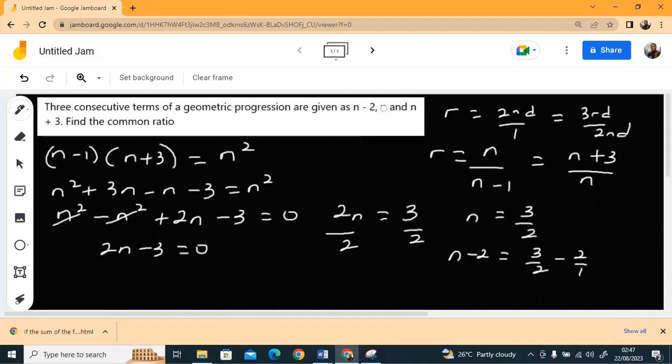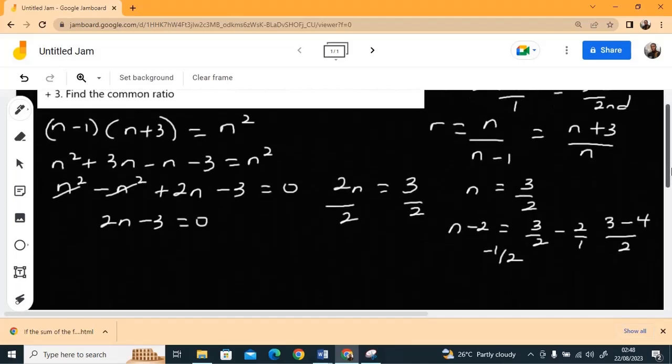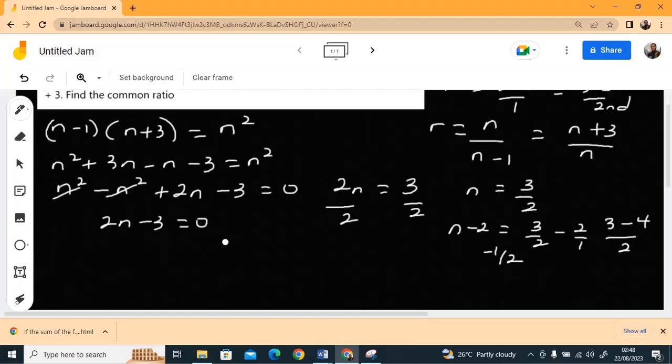For this one, the LCM is 2. 2 in 2 is 1, 1 times 3 is 3, minus 2 in 1, 2, 2 times 2 is 4. If I'm right, I'm right. I'm very sure I have not made any mistake. Okay, no mistake. 3 minus 4 is minus 1 over 2.